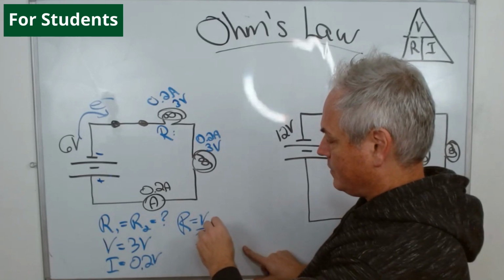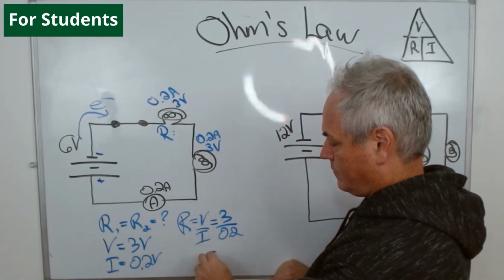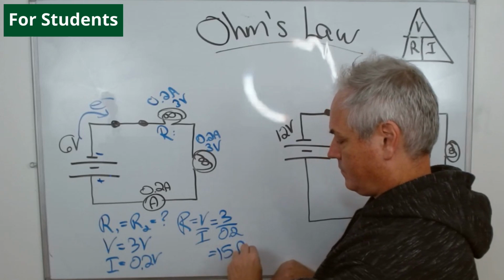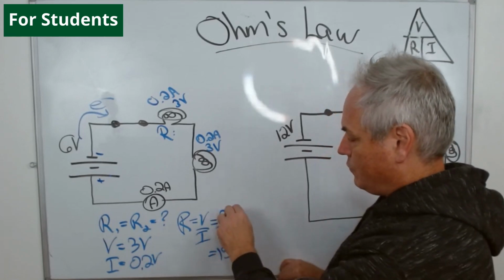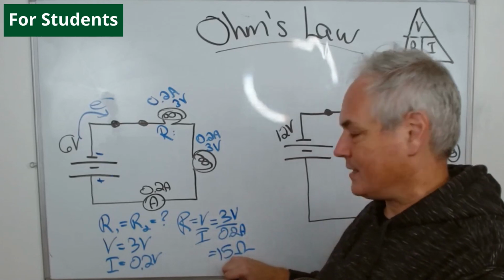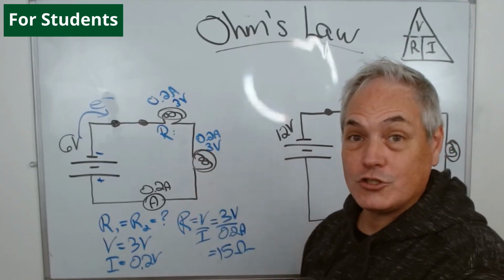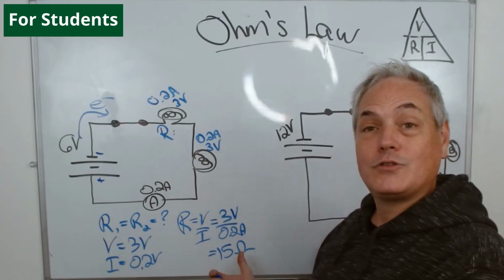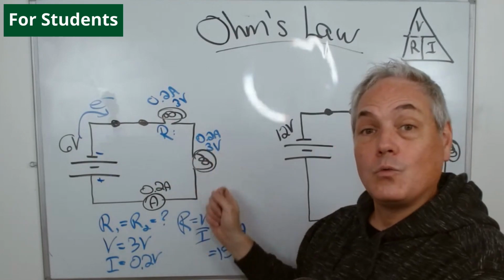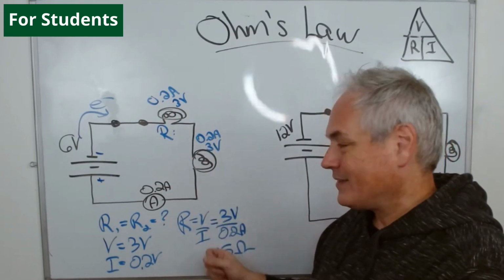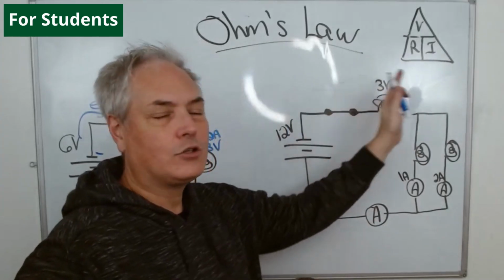So here 3 divided by 0.2, 3 volts, 0.2 amps gives me a resistance of 15 ohms for each of the bulbs right here. So that's an example where I have to look at my circuits, see what information I have available, and then do my calculation. Let's see if I can look at this one here.